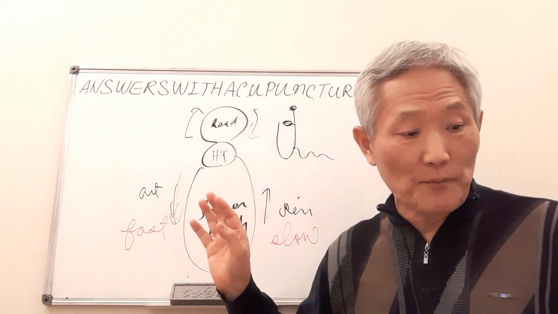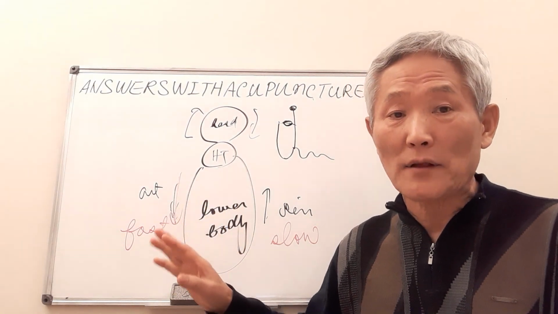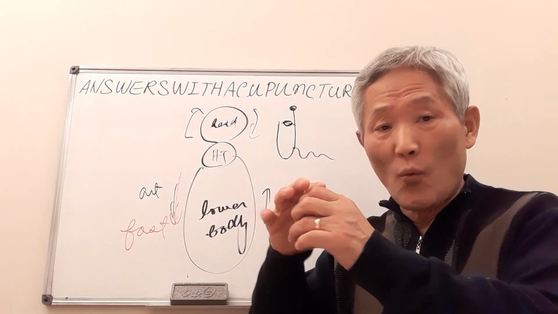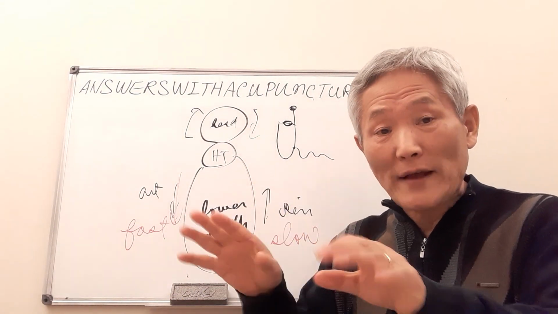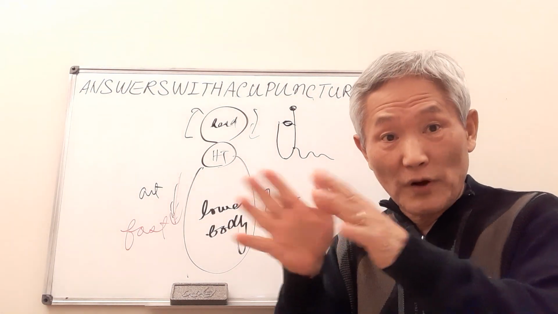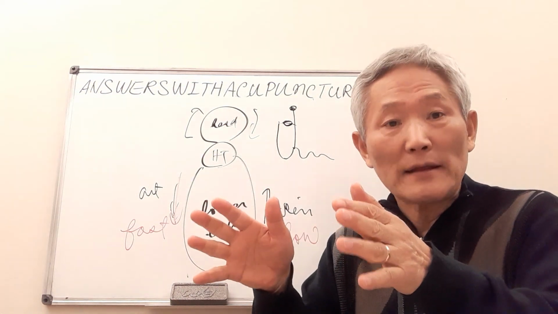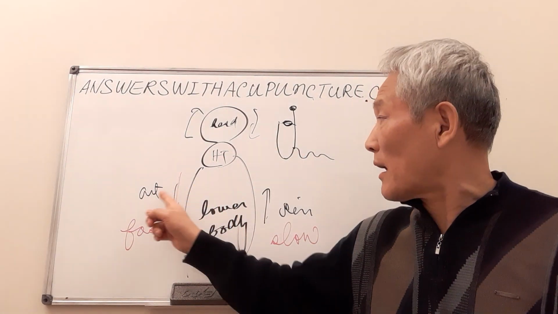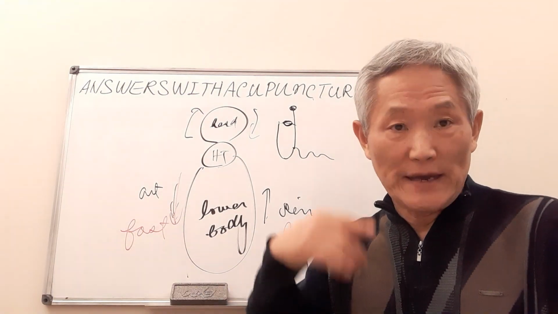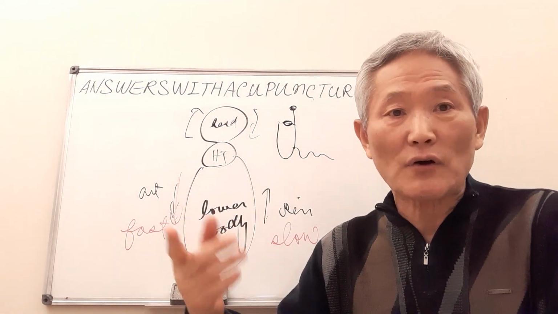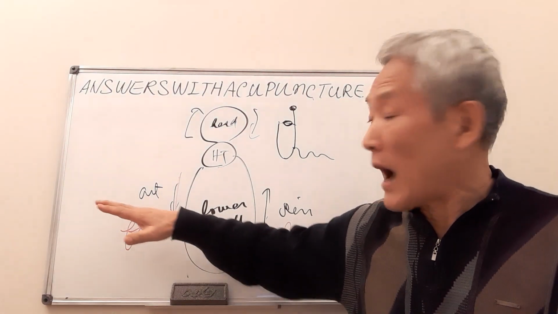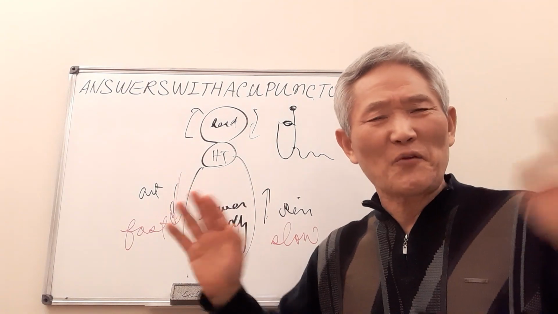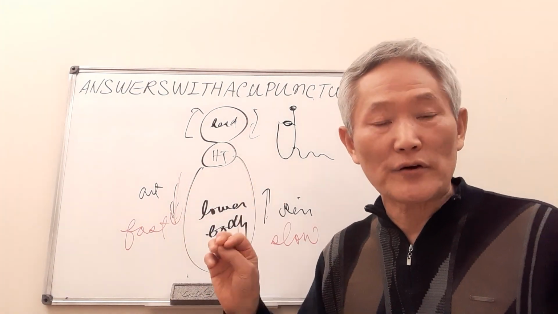So far, Western medicine talks about this, but when it is the vein, we don't care much. Why? Because when blood does not go fast enough, the blood vessel expands and it stays there. So we don't worry about that. But when the artery is blocked, it is a risk of life. So for the artery, the blockage is important, but for the vein, we don't care much. That is the theory so far.